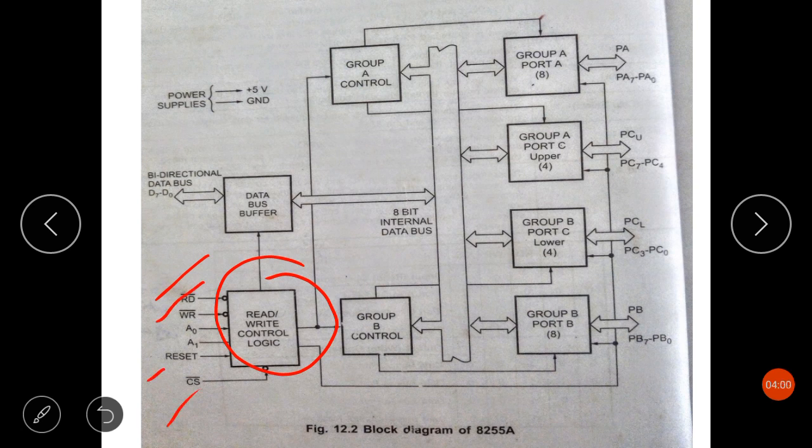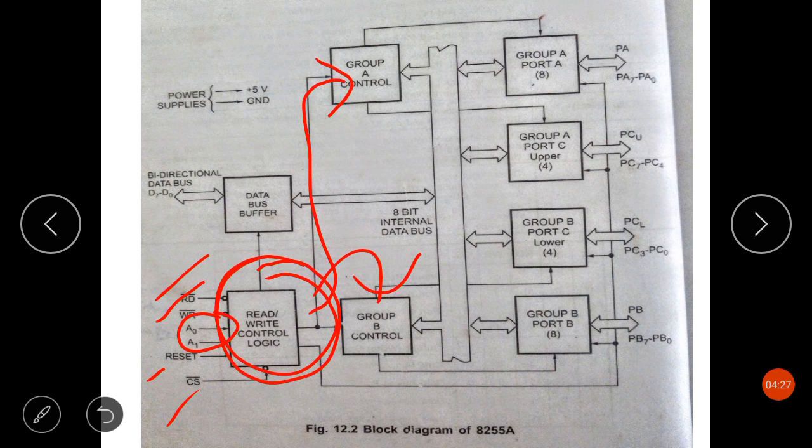It also takes A0 and A1 inputs from the address bus, and after it receives the control bus signals and address bus inputs, it issues commands to the individual group blocks, that is group A control block and group B control block.